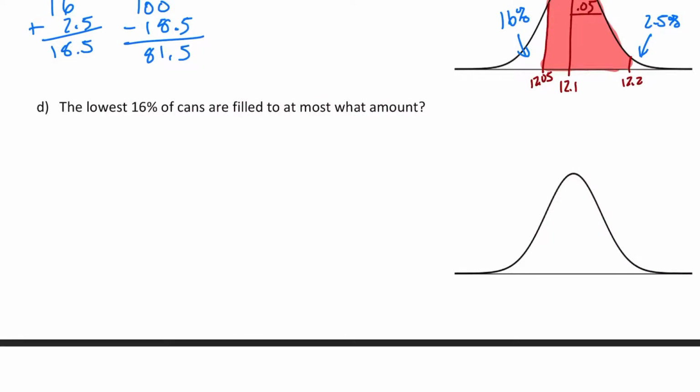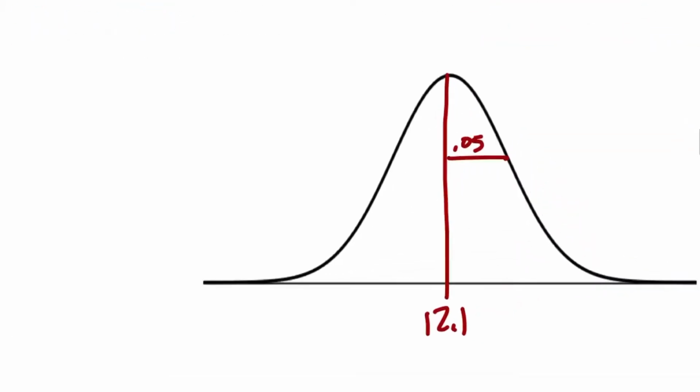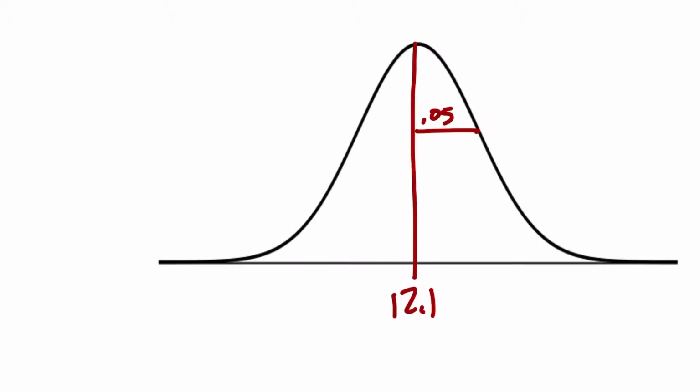All right, lastly with D. The lowest 16% of cans are filled to at most what amount? Let's actually start with our picture. So we have our mean of 12.1, standard deviation of 0.05. Let me zoom in on this. And if it's the lowest 16%, I'm just going to draw a line somewhere that feels like 16%, let's say about there.